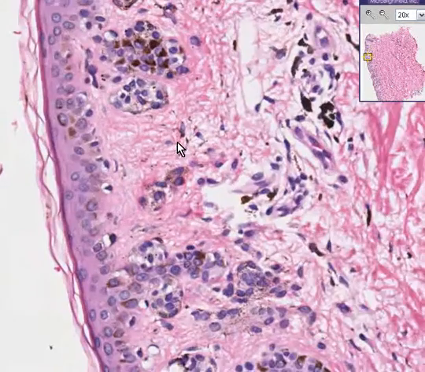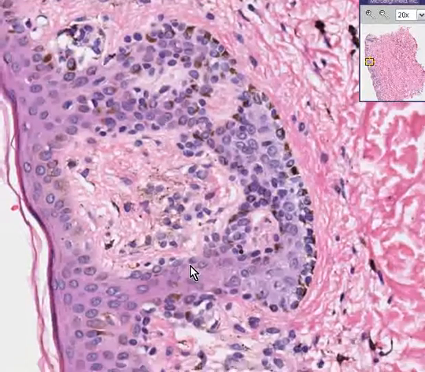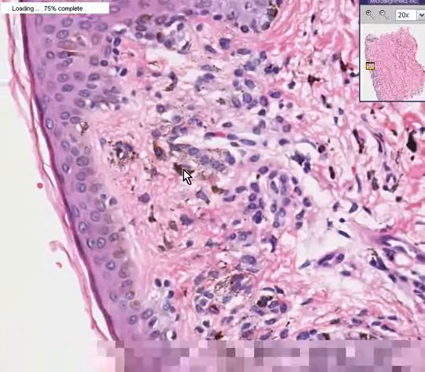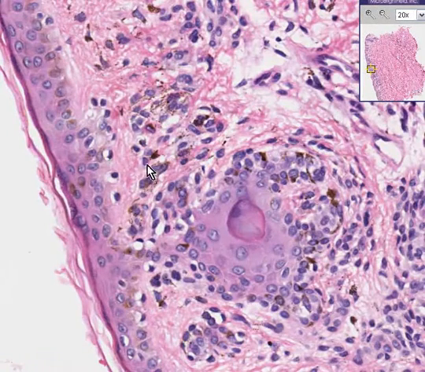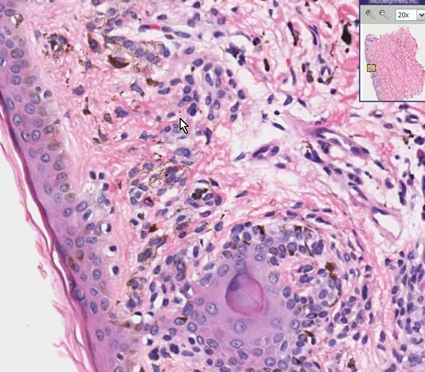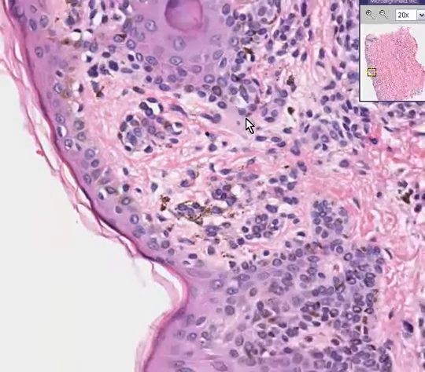An area which we see in the skin as being pigmented or hyperpigmented is on the basis of an increased number of melanocytes. Not only are they here occasionally and very subtly in the deepest epidermis, but now we could see that some of the melanin granules have been deposited in the dermis as well.